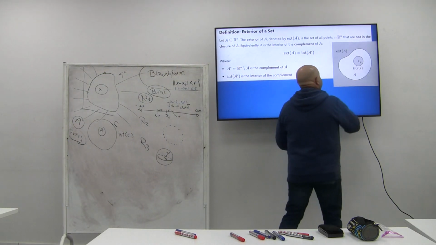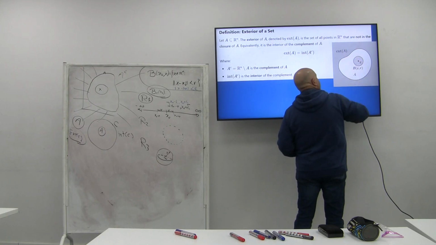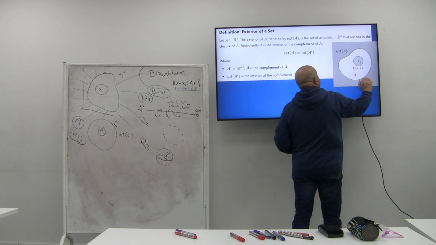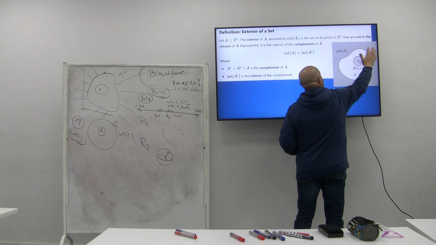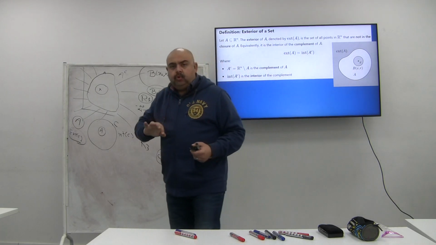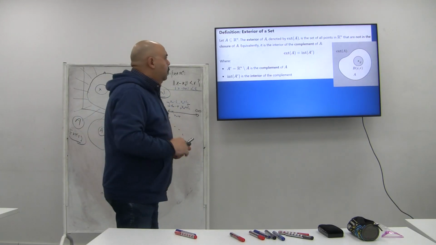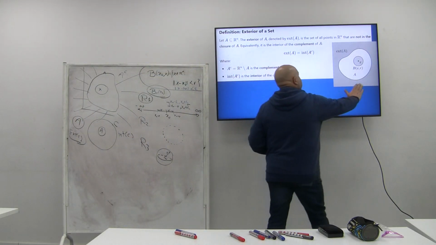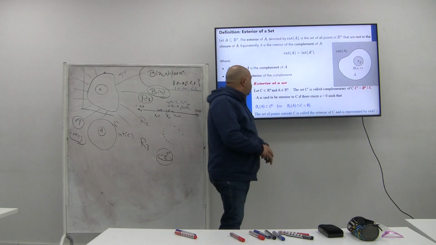Once more, here is A, with an open ball inside, so this is the interior of A, and that's the exterior of A, ext A. It means all the points located outside the set A in Rn, and they are a subset of the complement of A, which represents all the space, as you can see here. Same definition, exactly the same.